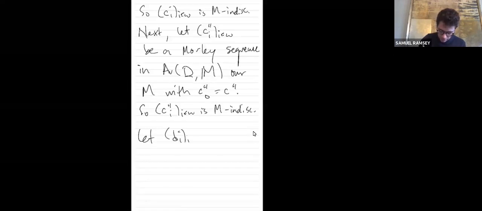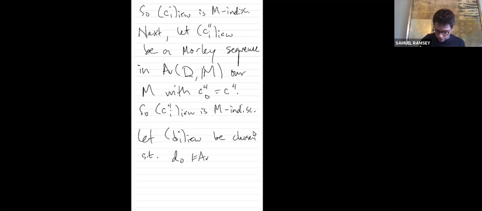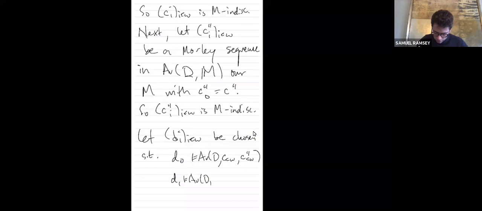Okay, and now we're going to do something bonkers, which is we're going to let D_i, i less than omega, be chosen so that you're going to choose D0 to realize the average of D over C less than omega, C prime prime less than omega, that whole sequence, both sequences. And D1 is going to realize the average type over C less than omega, C prime prime less than omega, D0.